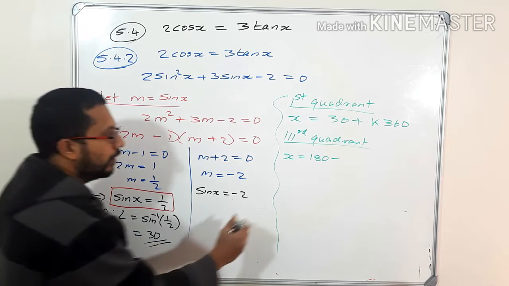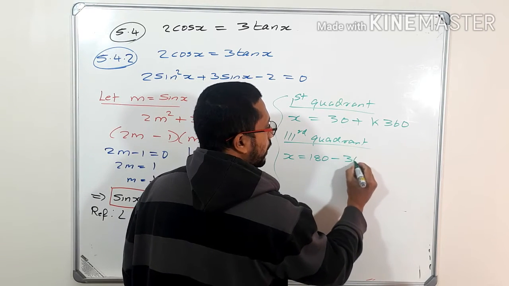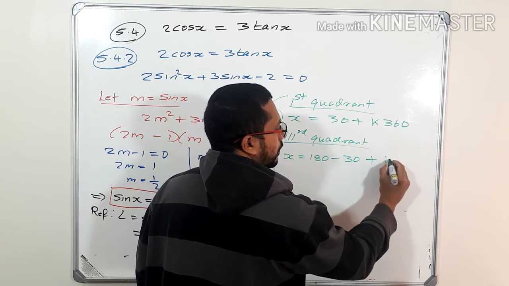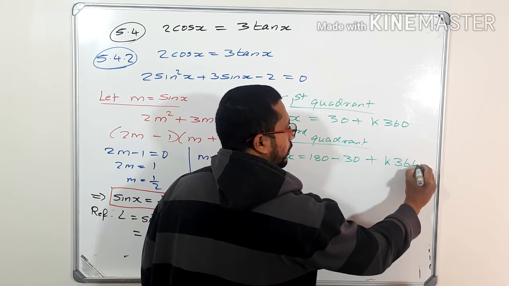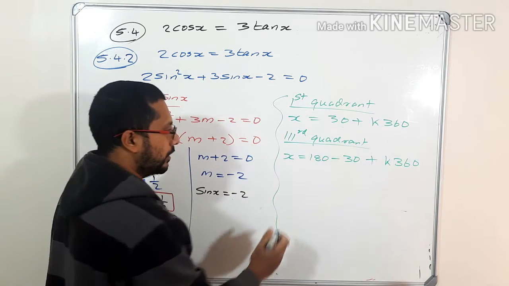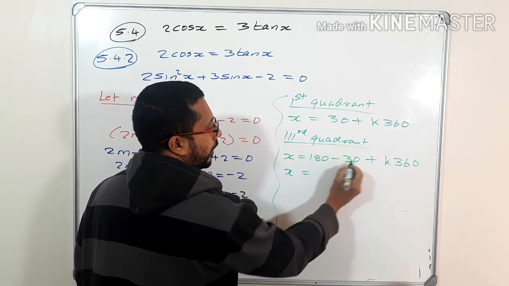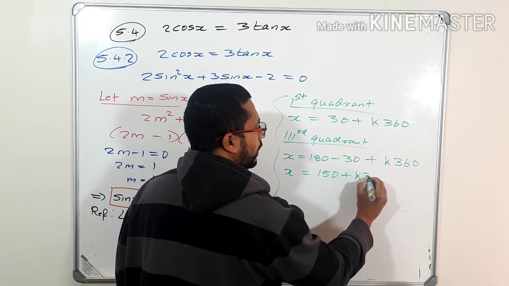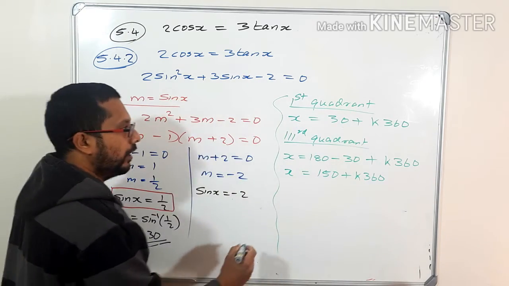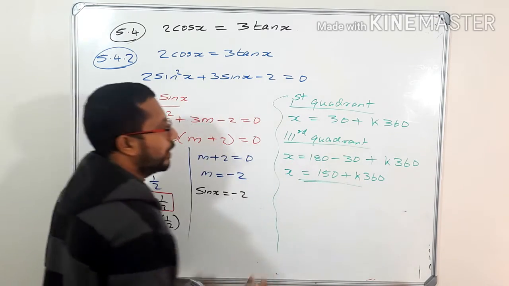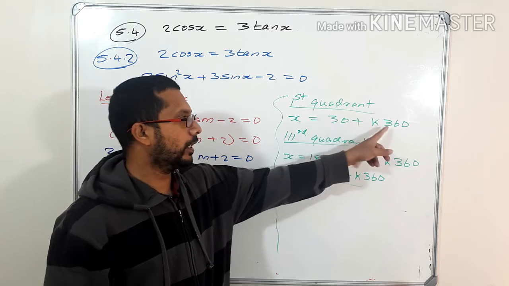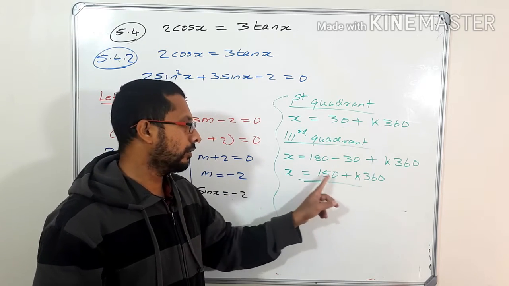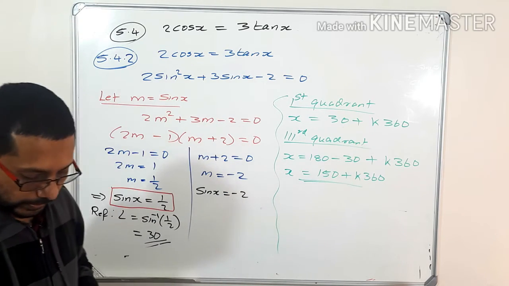It is 30. So it is 180 minus 30, plus, since it is a general solution, you have to write plus k 360. So x is equal to 180 minus 30, which is 150, plus k 360 degrees. So we got two values of x: x is equal to 30 plus k 360 and x is equal to 150 plus k 360.